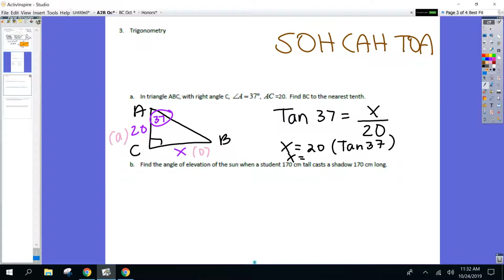And I know this is a lot I'm packing into one day. What do we have? Nearest tenth? What do you got for me? 15.1. Yep. Anything there from you guys?